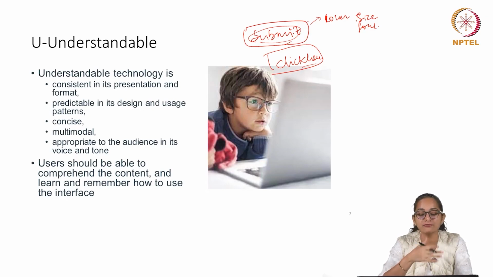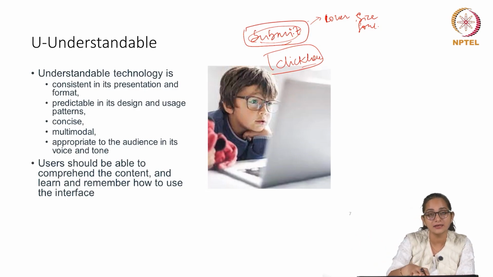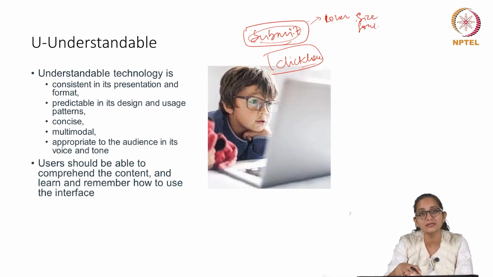But if I do not have a sensory deprivation, but I have cognitive decline or cognitive deprivation, for example, people with ADHD, people with dyslexia, people who are aging, who have limited cognitive bandwidth, in those cases understandability becomes a major issue. Perceivability and operability may be a little bit engaged, but understandability becomes a major issue.